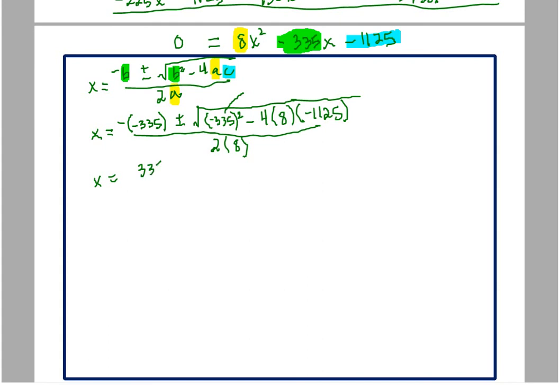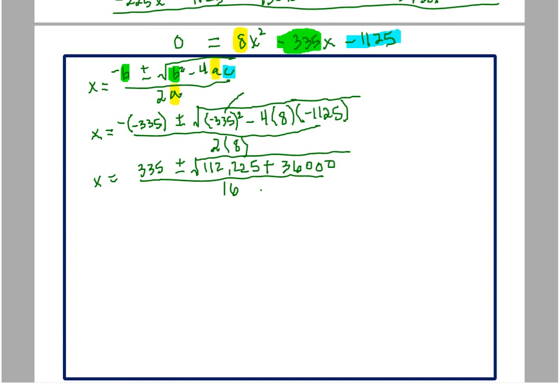So 335 plus or minus the square root of 112,225 minus, and now let's do this multiplication. 4 times 8 times 1125, that's a negative. So a negative 4 times 8 times a negative 1125 is a positive 36,000. And that's over 2 times 8, which is 16.